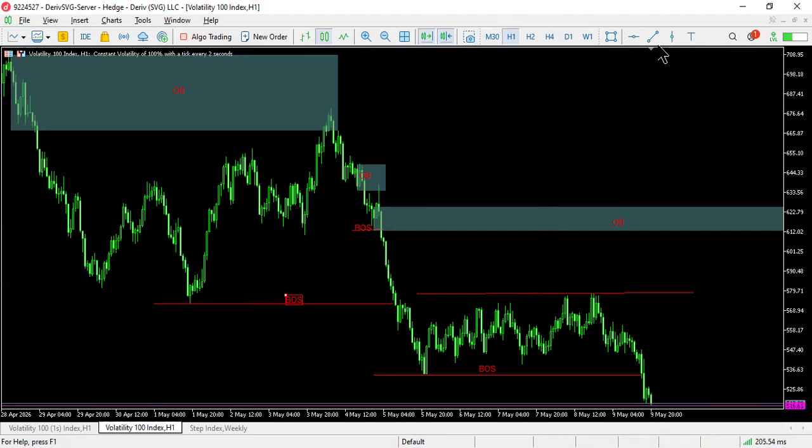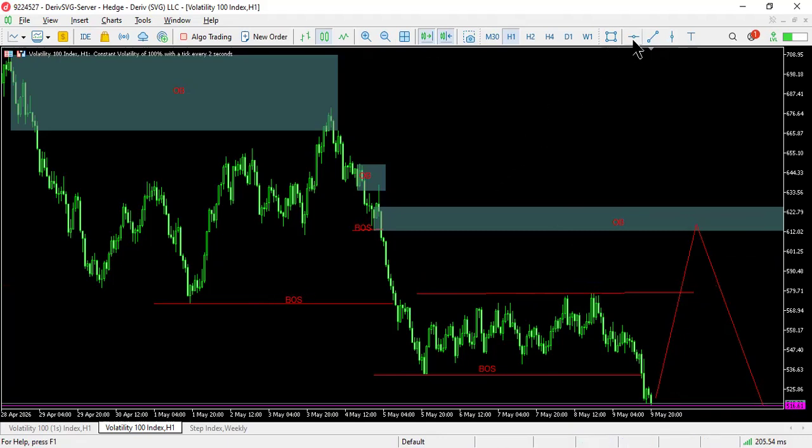So I'm waiting for price to go and clear that liquidity that is sitting there, tap into my order block, and then give me a sell position like that, since our bias is bearish.